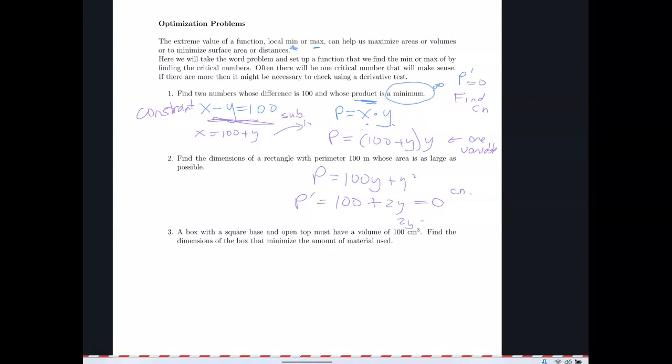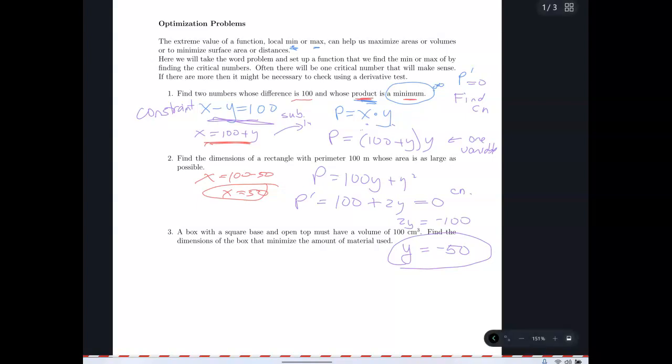So 2y is equal to negative 100, so y is equal to negative 50, so that's one of the numbers. And you're always going to have the other variable with the constraint solved for, so that gives me x is equal to 100 minus 50, so x is 50. So those are the two numbers where the product is a minimum and their difference is 100.